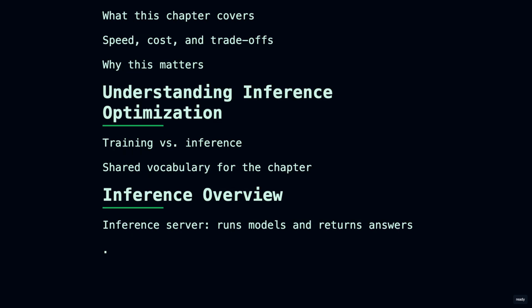That gives us the basic flow: request in, model execution in the middle, response out. Keep that picture in mind because the rest of the chapter is about making this path faster and more efficient.